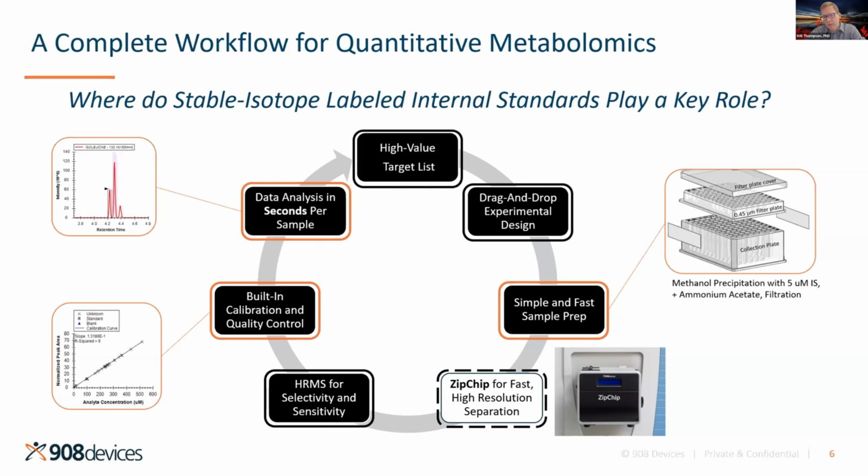That corrects for matrix effects and ion suppression. We of course also use it to help with calibration. We use it to normalize the peak area, and then combined with our external calibration materials, we can build a proper calibration for quantifying the metabolites we measure.